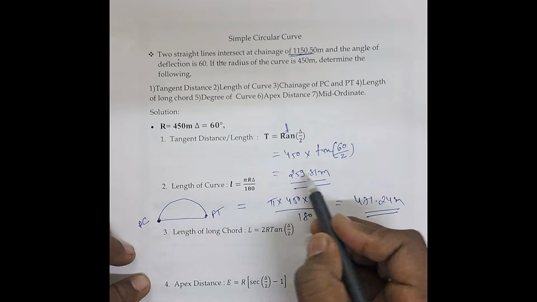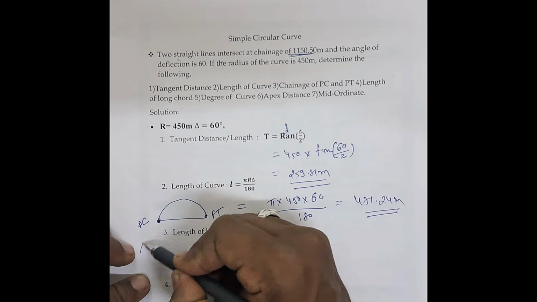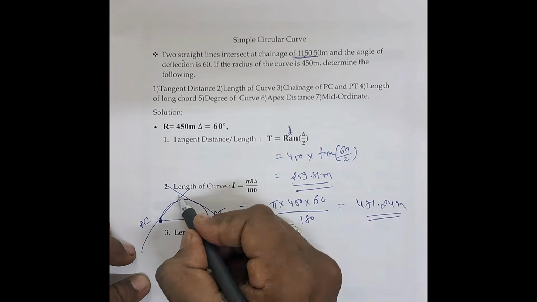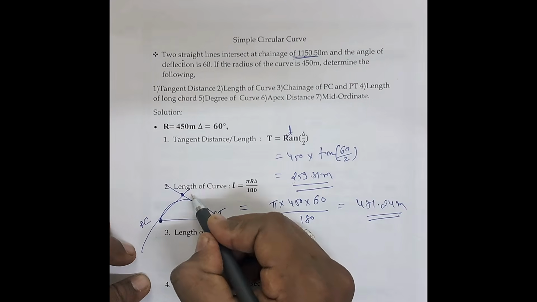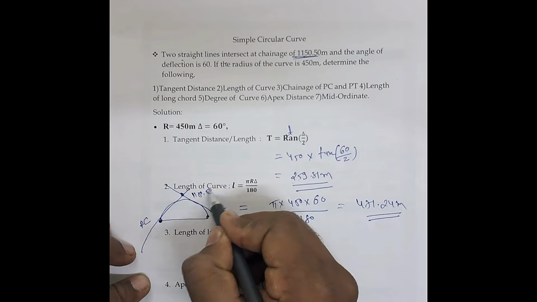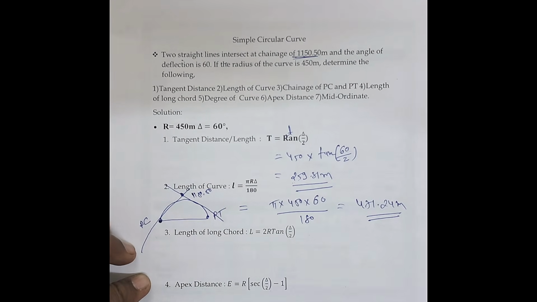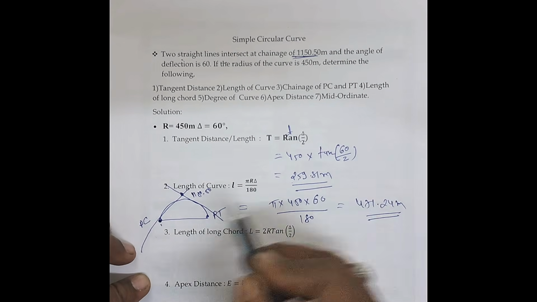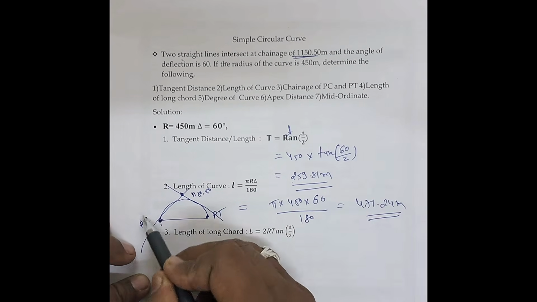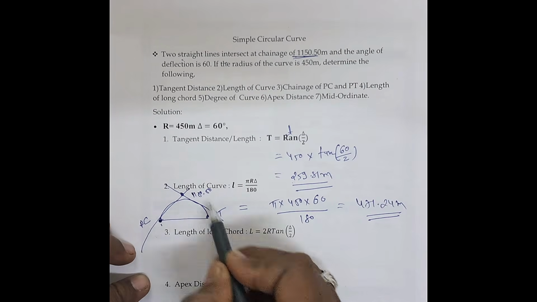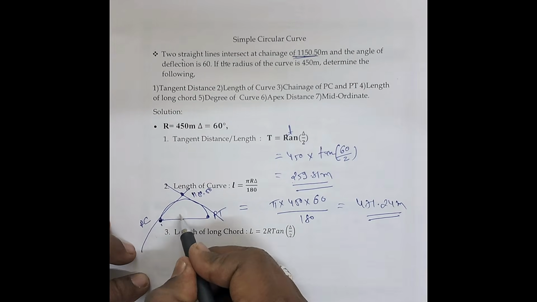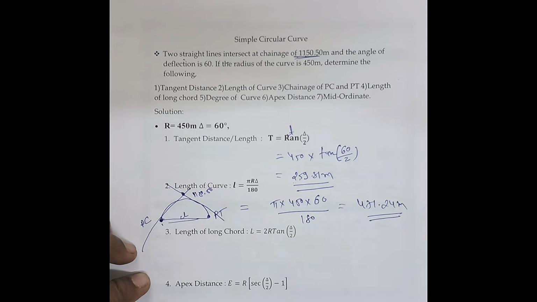Here the two lines are continuous like this, so this will be your point of intersection at 1150.50 meter, and from here 259.80 meter, this will be the beginning of the curve, and from here the curve is going to end. And this will be your long chord.